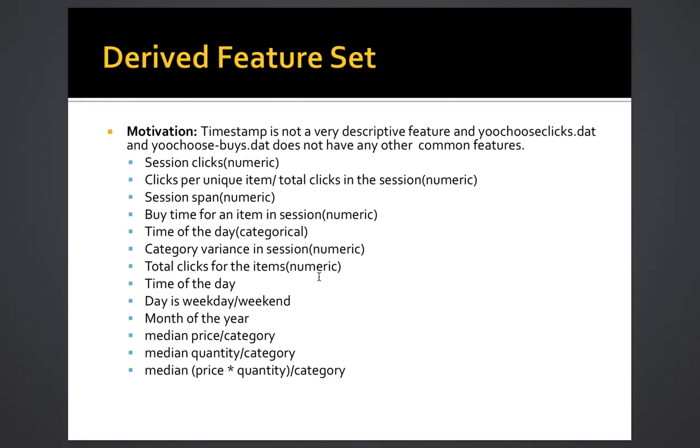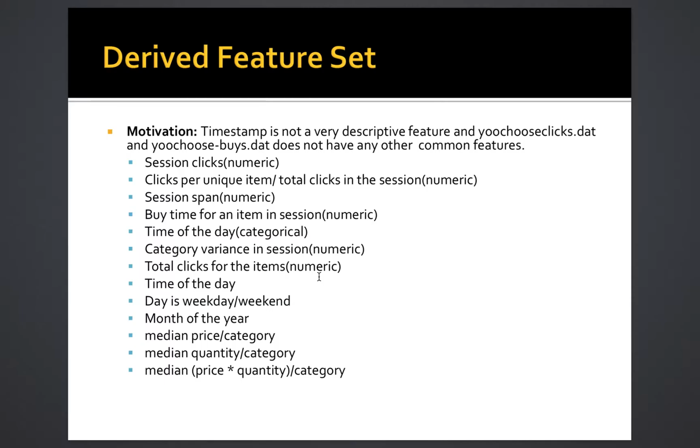So for our feature set, the motivation was that the timestamp information given in the clicks and buys datasets is not very descriptive and there aren't any common features. So the features were: session clicks, which is numeric, the number of clicks in a session.